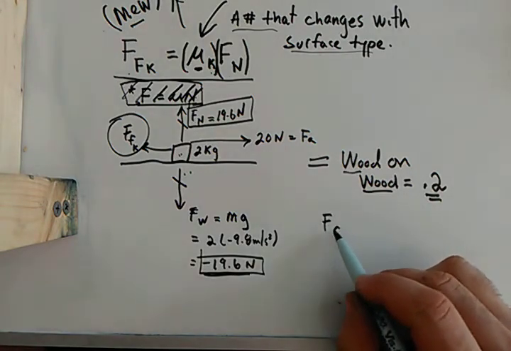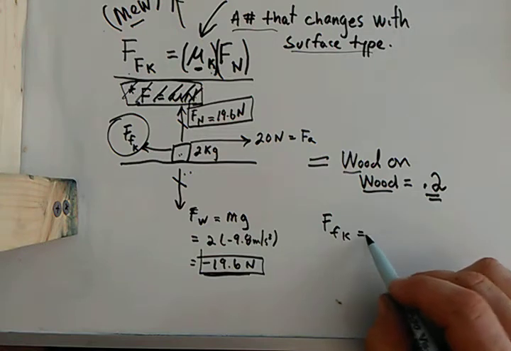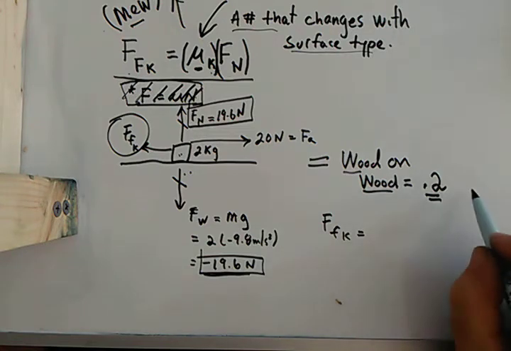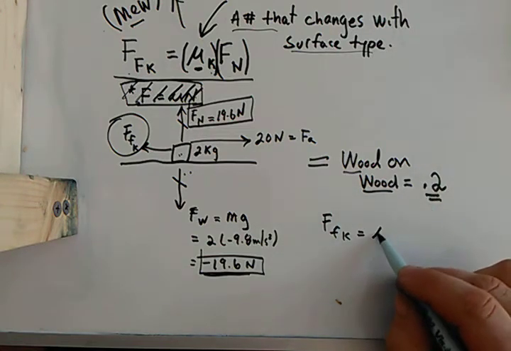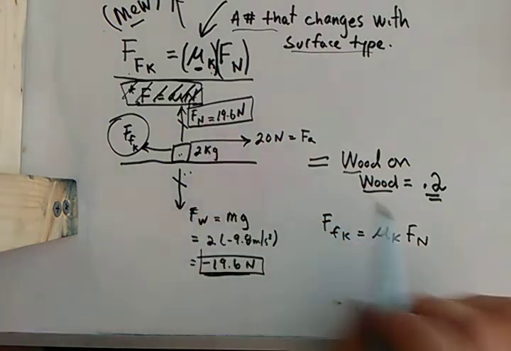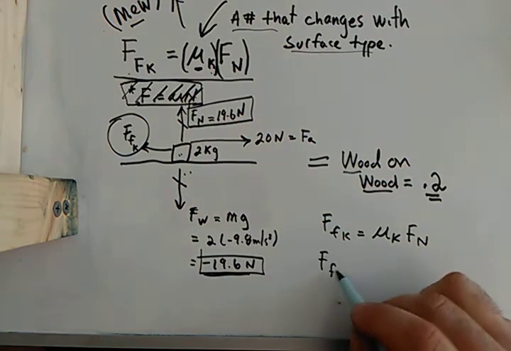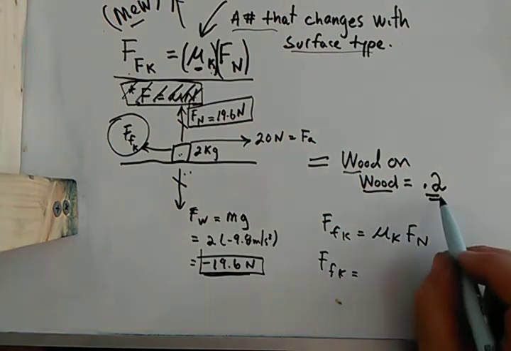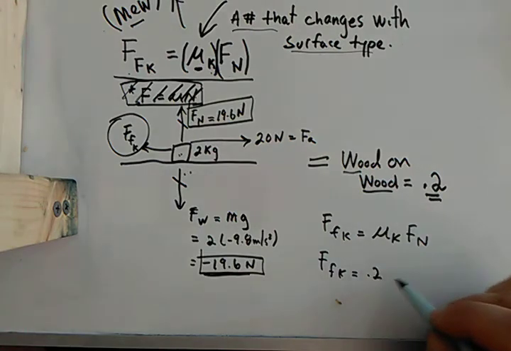The force of friction kinetic is equivalent to mu kinetic times the normal force. So look back at our normal force. We've got a mu value of 0.2.